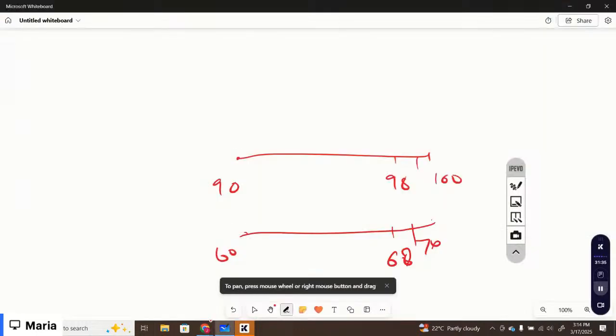So 34 is between 30 and 40. So 34 is here. 34 is just 4 points away from 30, and here you have 6 points away from 40. So 34 is near to 30, so it would be rounded to 30. It is estimated to 30.